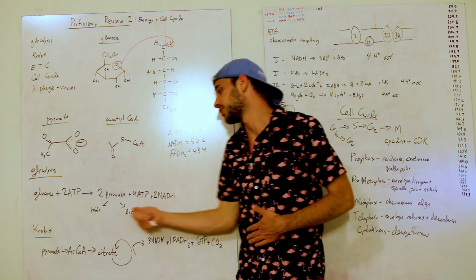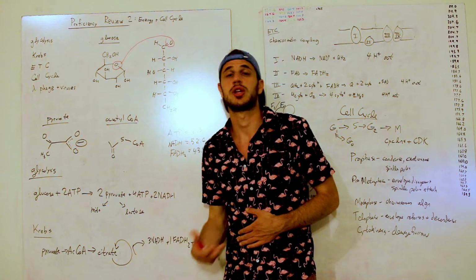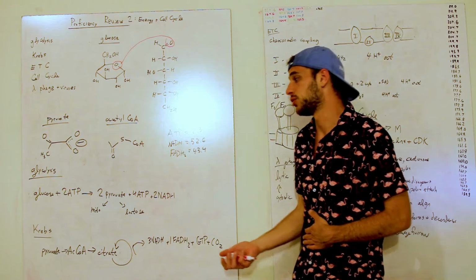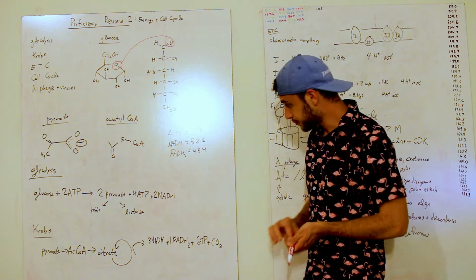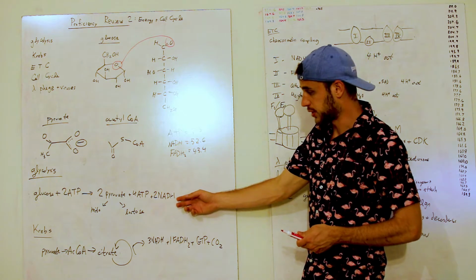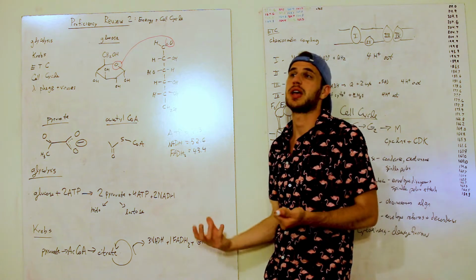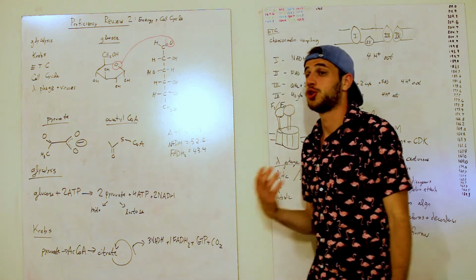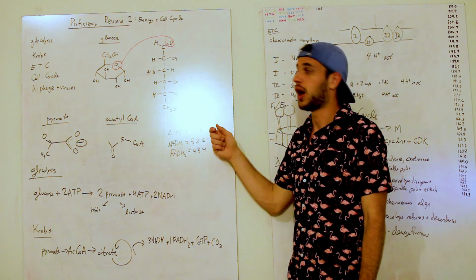But also out of this you can make 4 ATP and 2 NADH. NADH is just another energy carrier that is used in the electron transport chain. There are a couple of other ones as well. There is also FADH2, but as we know, in the cell we most typically use ATP energetically.